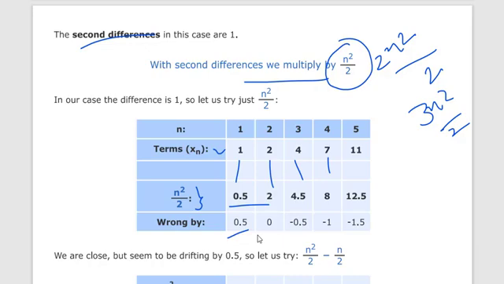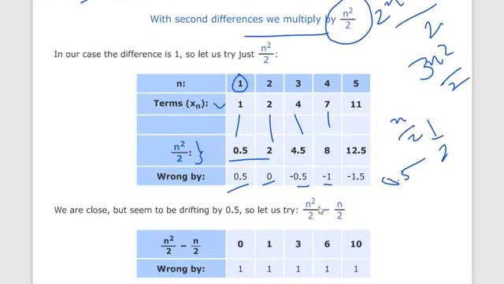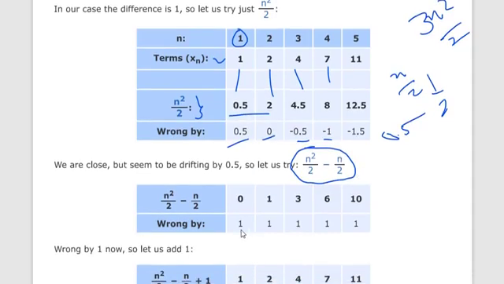You can see that it is decreasing by 0.5. So if we take 1 by 2, that means n by 2. It is decreasing, so we have to subtract n by 2. So our next term becomes n square by 2 minus n by 2.